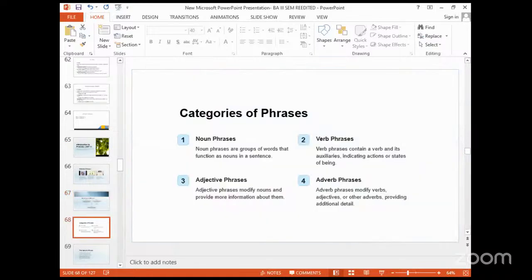Right. Now looking at the categories of phrases. Basically, as I told you already, they are like a bunch of words put together. Another important fact is they are not a random bunch of words, but words selected on grammatical principles.